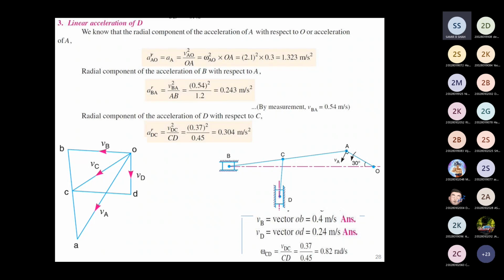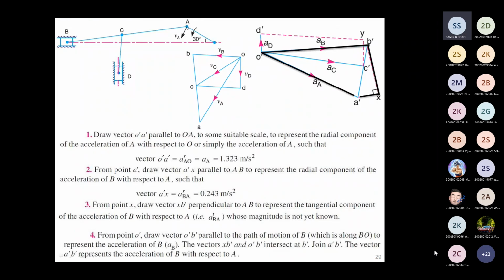So you convert the scale as per your given scale, and draw a dash x, which is the radial part. You have to mention here the radial part of AB. Now you get the point x of the radial part of AB.